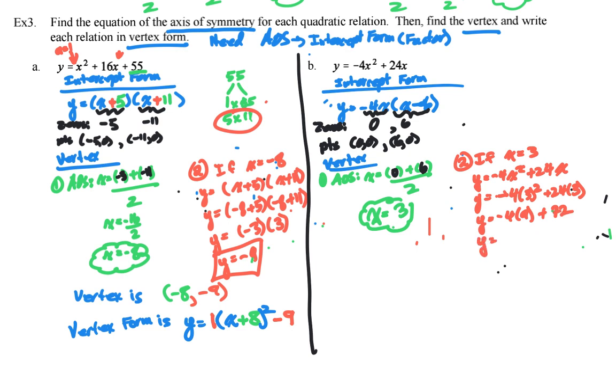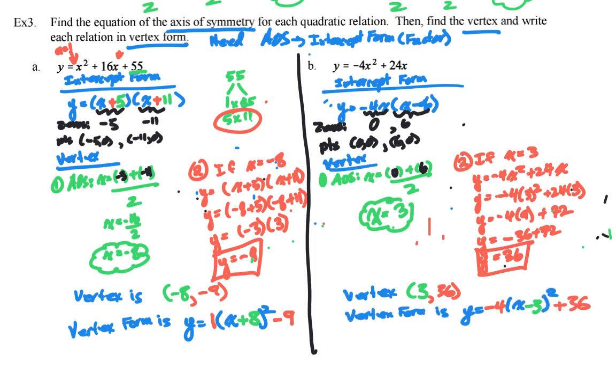And this ends y is equal to -36 plus 72, which means y is equal to 36. So I'm going to put my y is 36 in a box here, and now we can state what our vertex is. Our vertex is 3, 36, and our vertex form is y is equal to -4 because our original a value was -4, x minus 3 because the original x value is always swapped inside this bracket to be the opposite, and then we have plus 36.